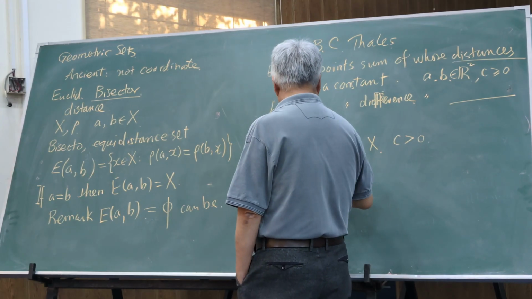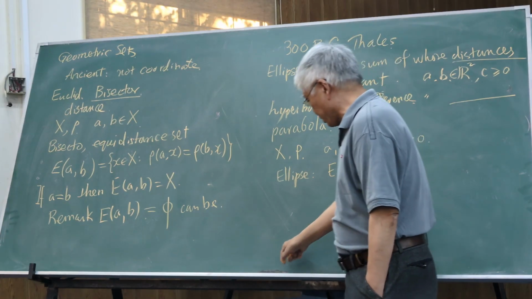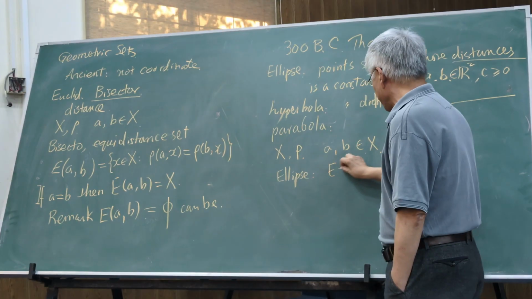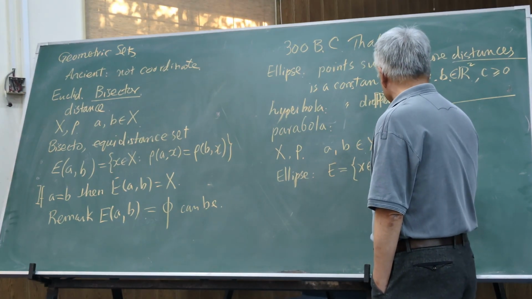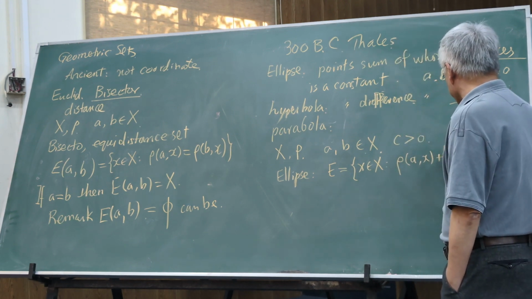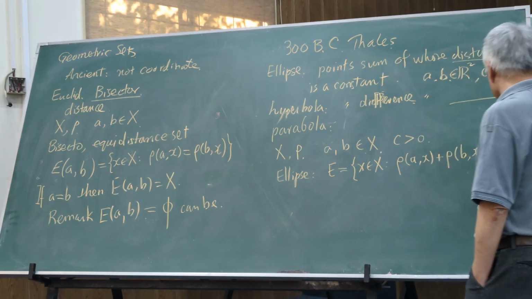An ellipse in X, let us call it E, is the set of all those points X in X such that rho(A,X) plus rho(B,X) is C.